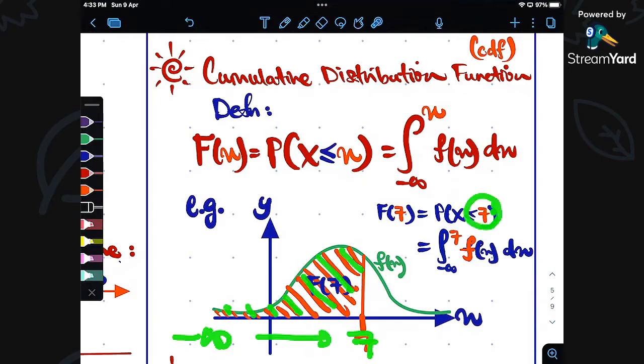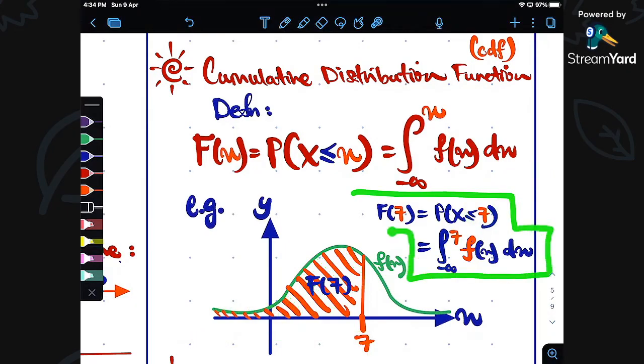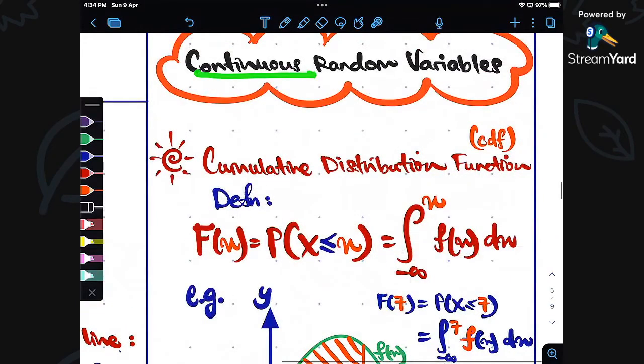That's why the symbol is less than or equal to 7. Make sure you understand this definition very, very well in order to be good in this 8.2 continuous random variable.